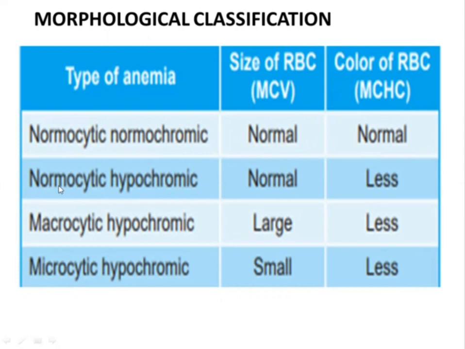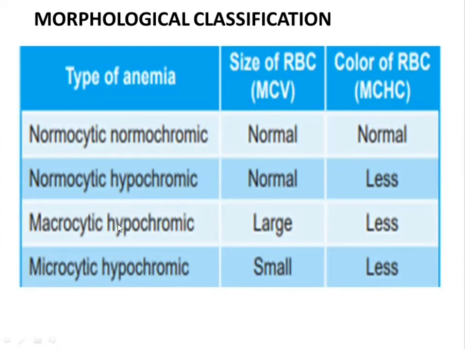Then normocytic and hypochromic, the size of the RBC normal, the color of the RBC less. Then macrocytic hypochromic, macro means size of the RBC large, then color of the RBC less. Then microcytic hypochromic, microcytic means small, hypochromic means less.